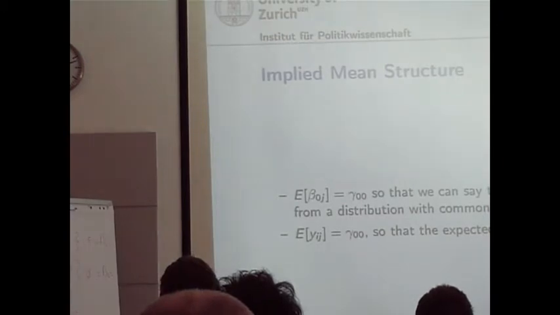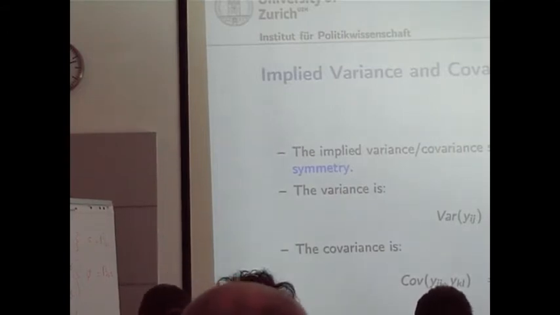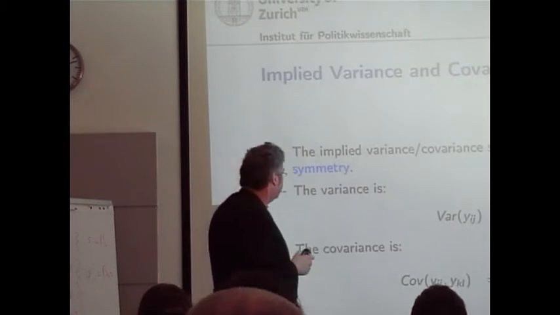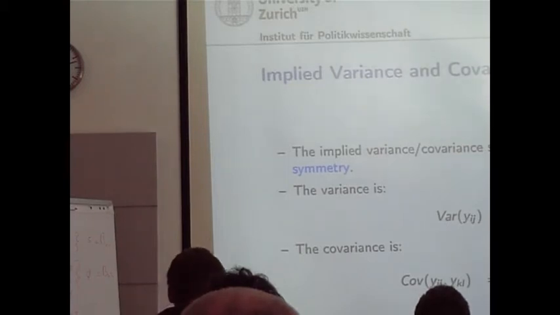Now that's not so interesting. What is more interesting actually is the implied variances and covariances, which psychologists sometimes describe under the label compound symmetry.